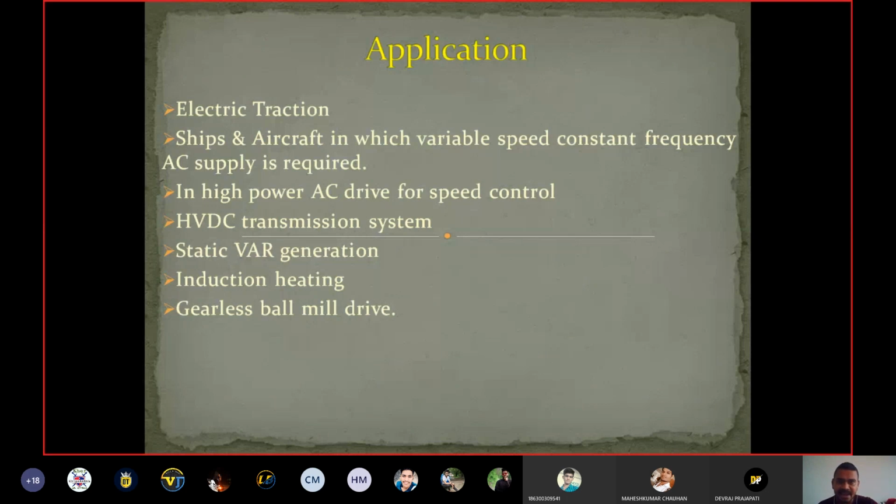Also in aircraft, in which a variable speed constant frequency AC supply is required. Okay, so in aircraft we can use the cycloconverter, and also in high power AC drives for speed control. In a high power AC drive, if we want to control the speed, we can control the speed using the cycloconverter. We are talking about the AC drive.